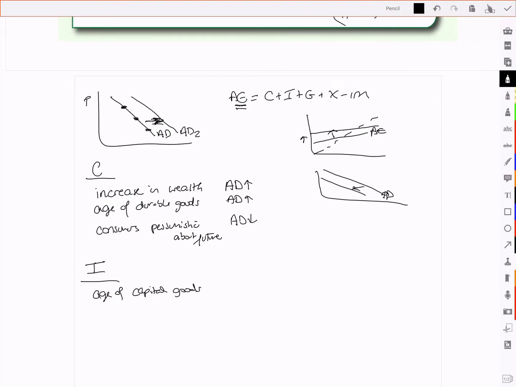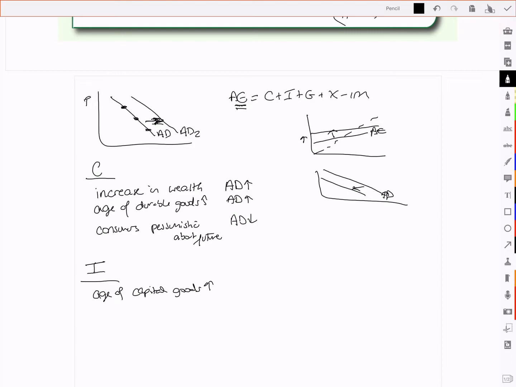Okay. So if capital goods, if the machines in your business are getting old, so let's just put some arrows here so we know the age of our durable goods in the previous one were going up, they're getting older. The age of our capital goods is increasing, they're getting older. Well, if capital goods are getting old, then you need to replace them.